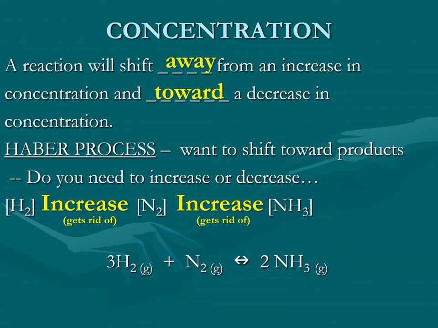How would I change the amount of ammonia in order to produce more? Well, I want to shift toward the ammonia, so I would decrease it. As the ammonia was formed, it was removed, causing the reaction to produce more, to shift in that direction.